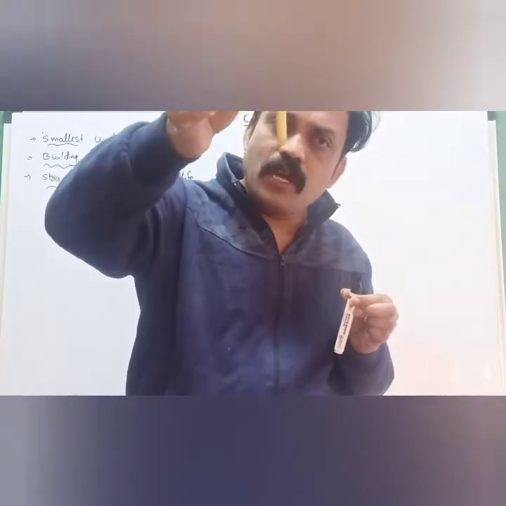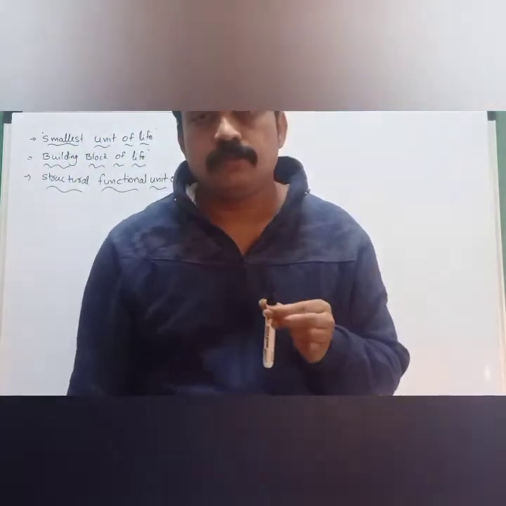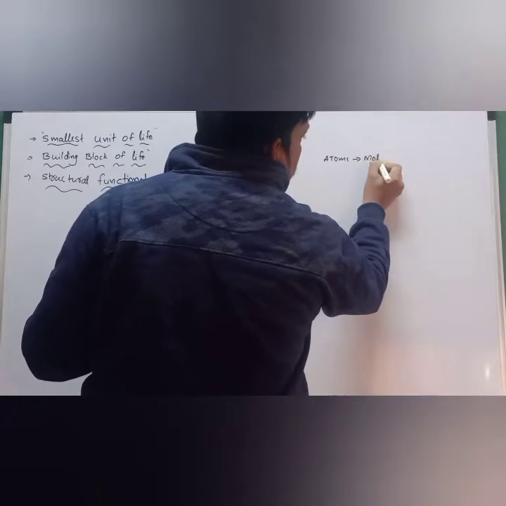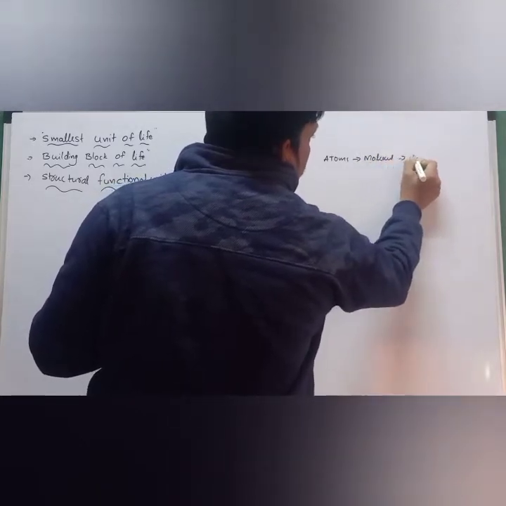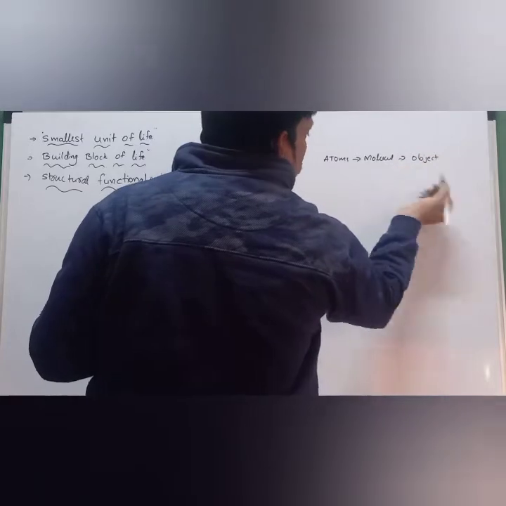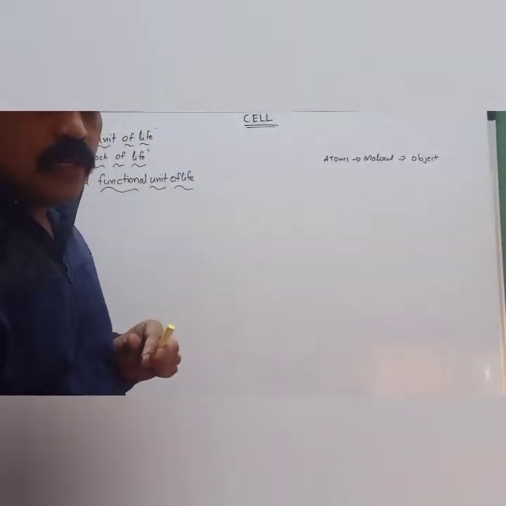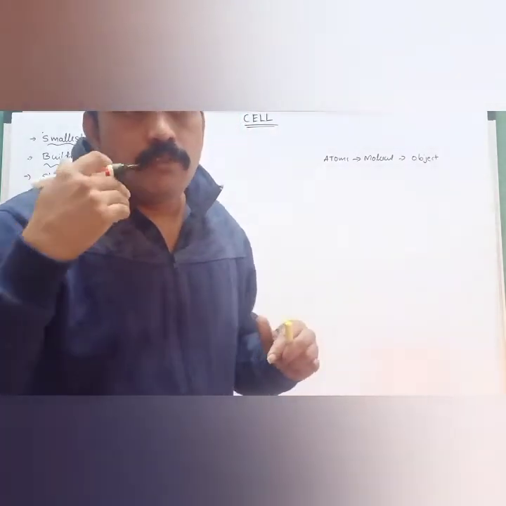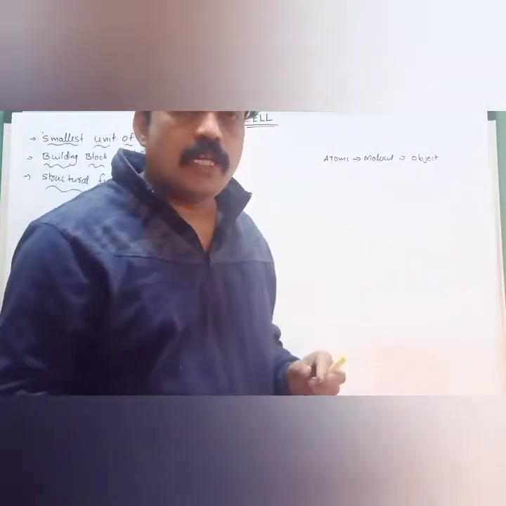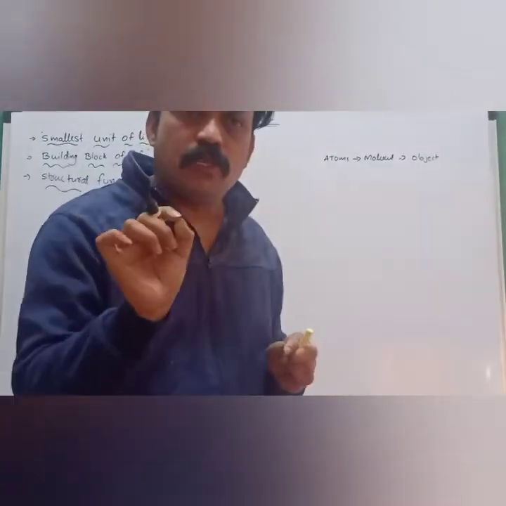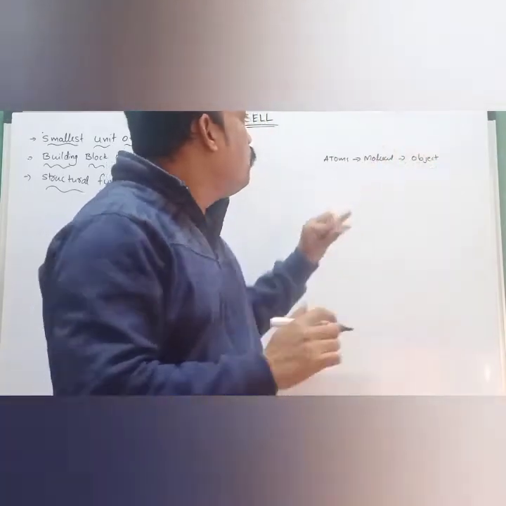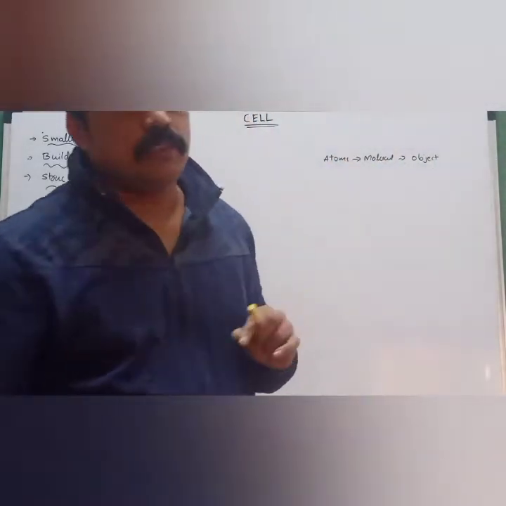Molecules combine and form matter, which is nothing but an object. Even whatever things we are seeing around us are all made up of small particles. Atoms combine and form molecules, and molecules combine and form what? Objects.